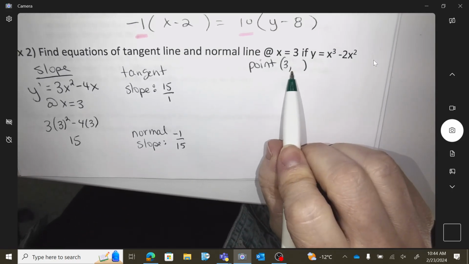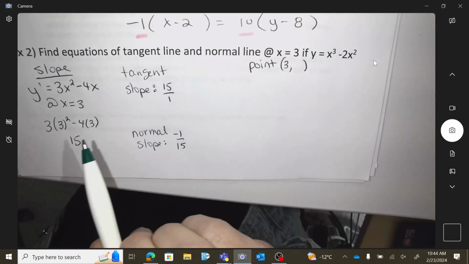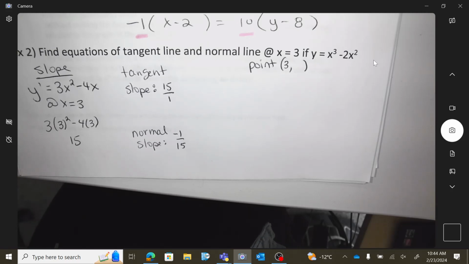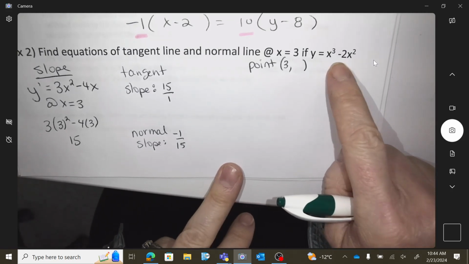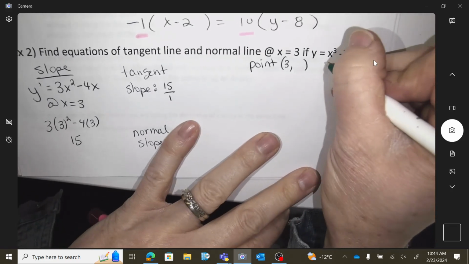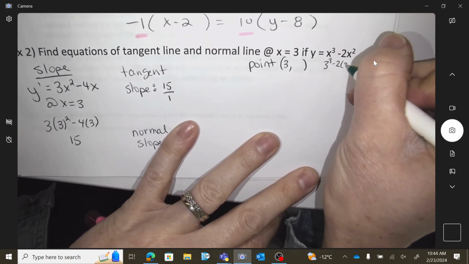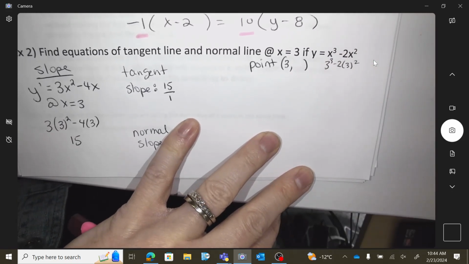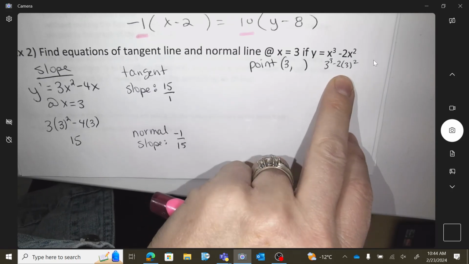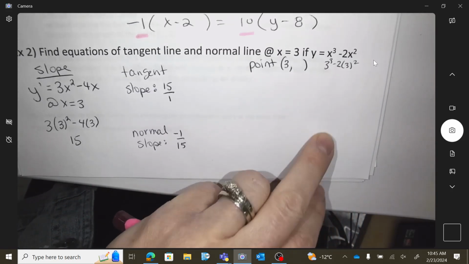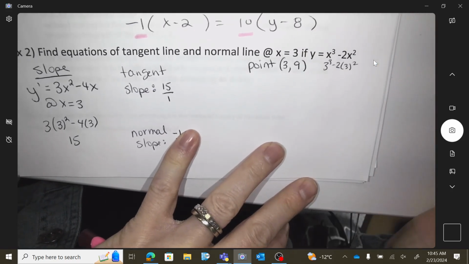Where are you plugging that in? To the original or to the slope? Original. OG. The OG. 27 minus 18, right? Is that 9?